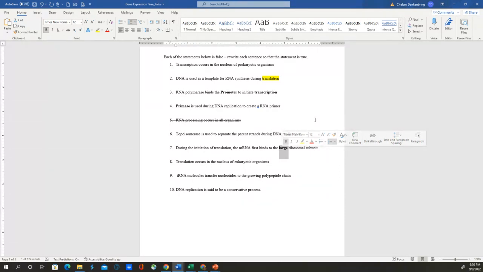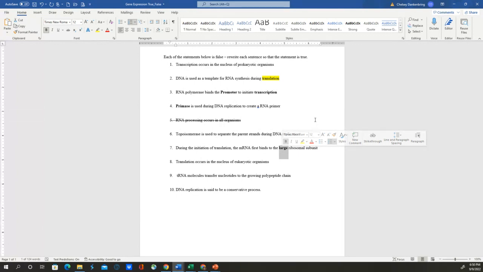Then the initiator transfer RNA will bind to the start codon. What's the start codon? Good, AUG, excellent. So then that initiator binds to the start codon and it's carrying the amino acid methionine, okay? So just be careful there.